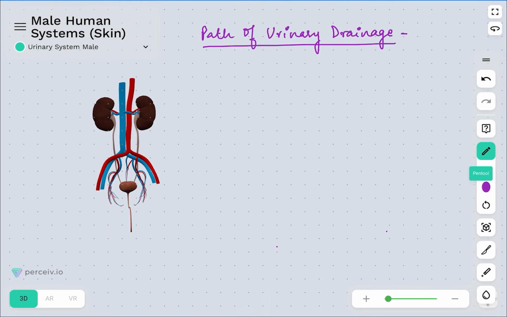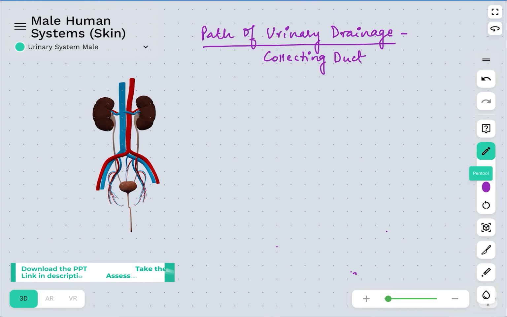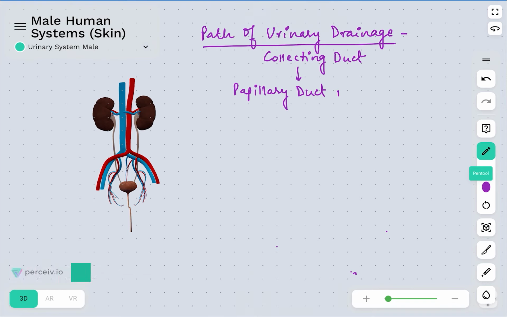The urine is first collected in a collecting duct. Now the collecting duct leads into the papillary duct that is present in the renal pyramids.